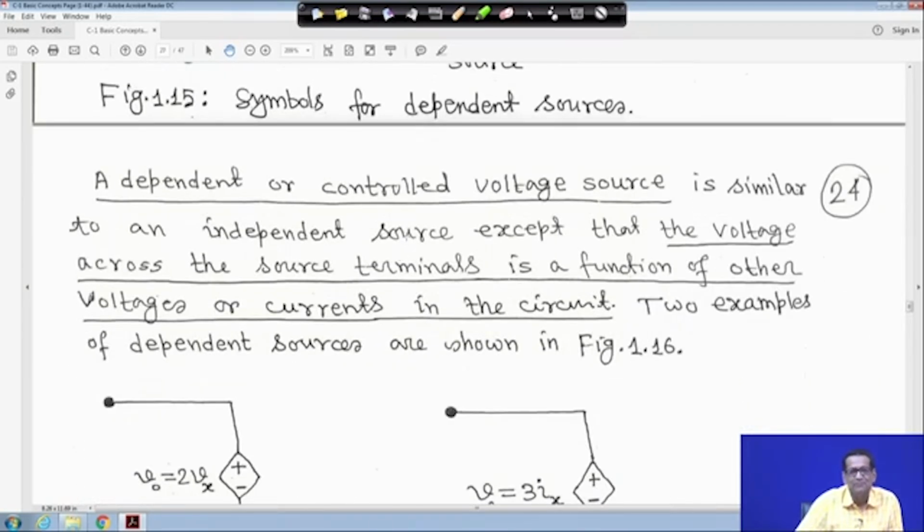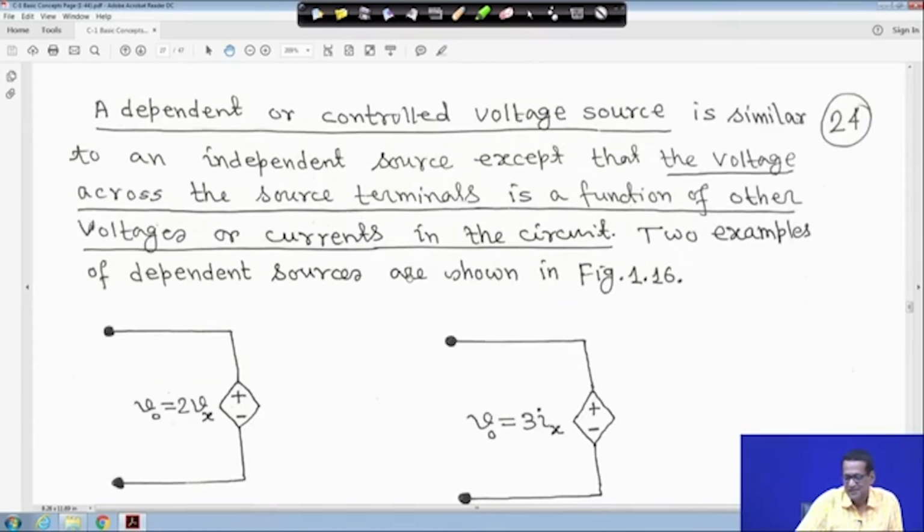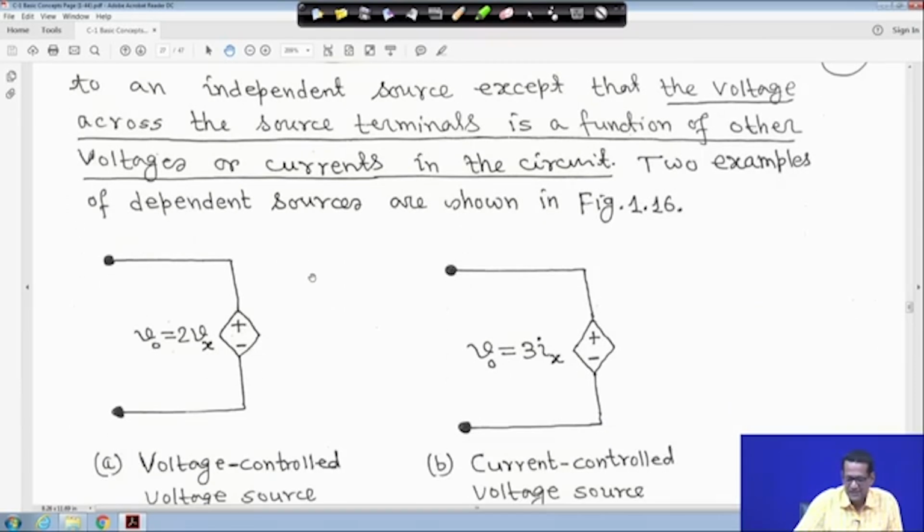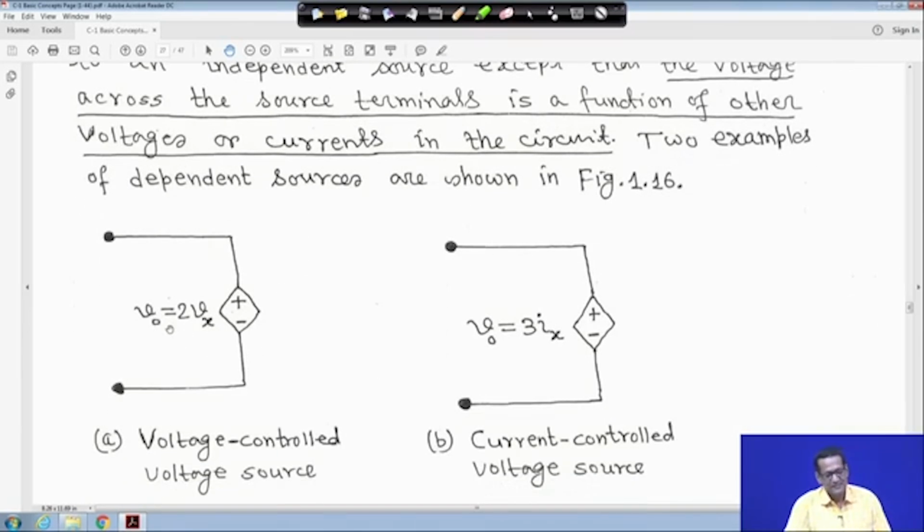Many things are written here, but whatever I am telling, the meaning is the same, right. A dependent or controlled voltage source is similar to an independent source, except that the voltage across the source terminal is a function of other voltages or currents in the circuit. For example, look, this is a dependent voltage source, like V0 is equal to 2 into Vx.